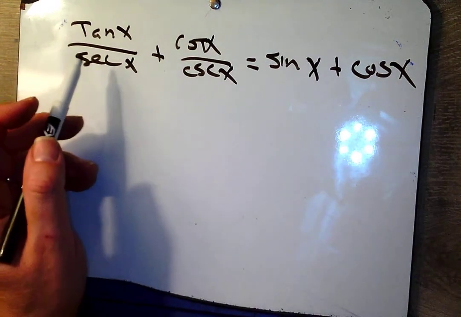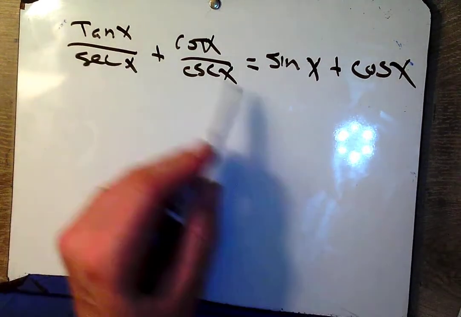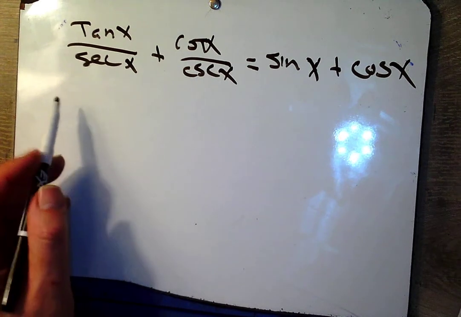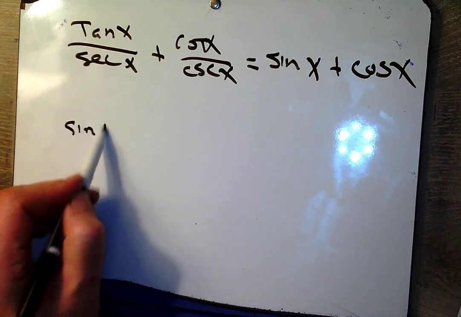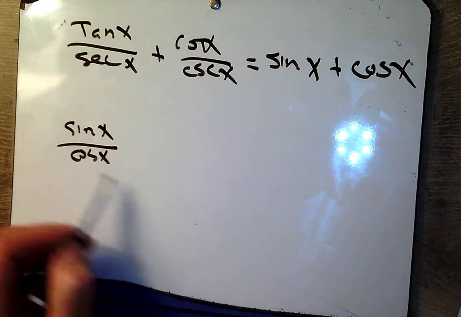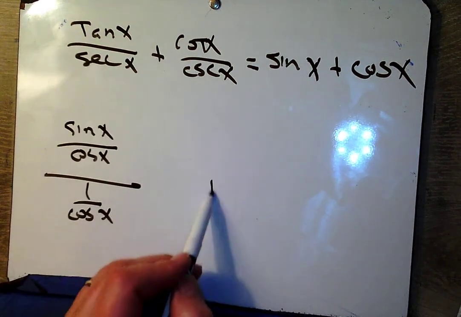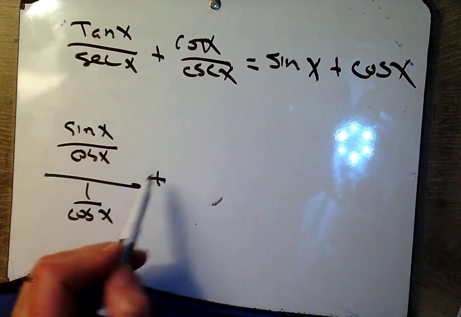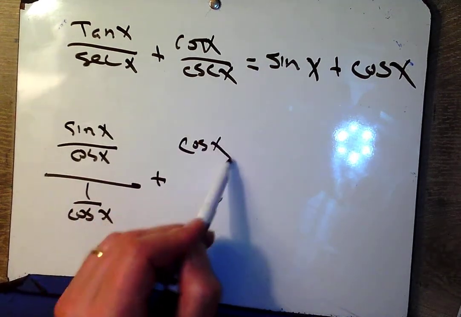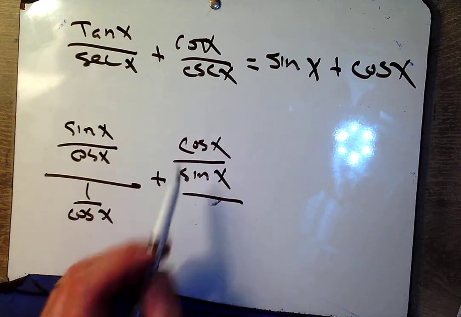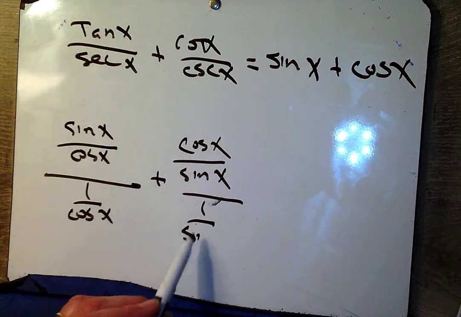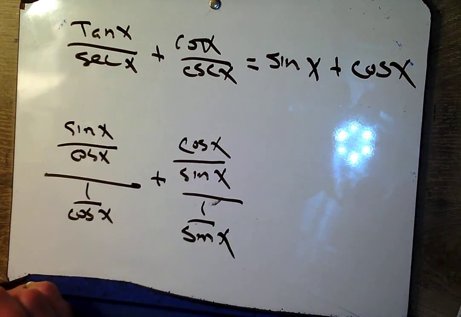Instead, let's go back to that first favorite, rewriting things in terms of sines and cosines. So tangent is sine over cosine, secant is 1 over cosine, plus cotangent is cosine over sine, and cosecant is 1 over sine. Okay?